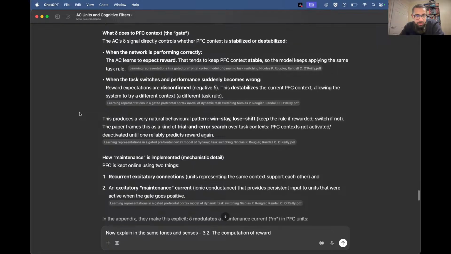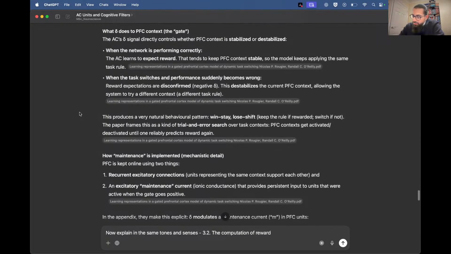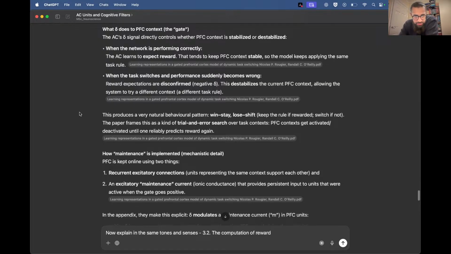What does delta do to the prefrontal cortex gate? What delta does to the PFC context. So gate, basically. The adaptive critic delta signal, which is the reward signal, directly controls whether PFC context is stabilized or destabilized.